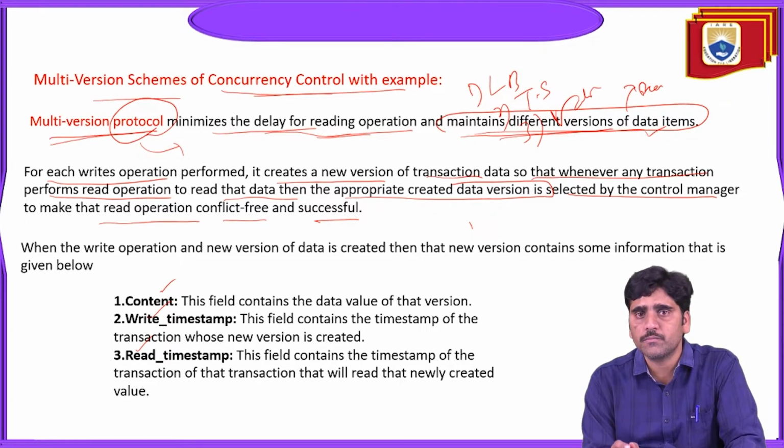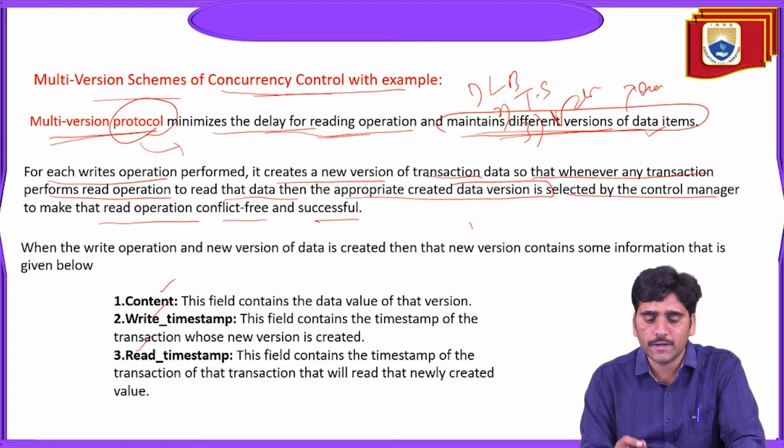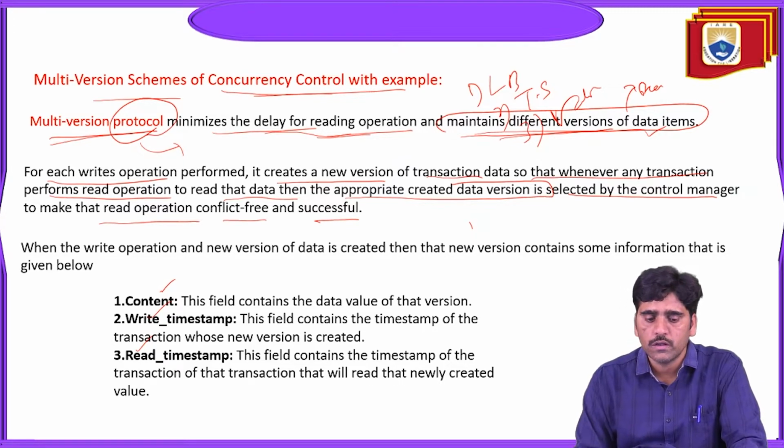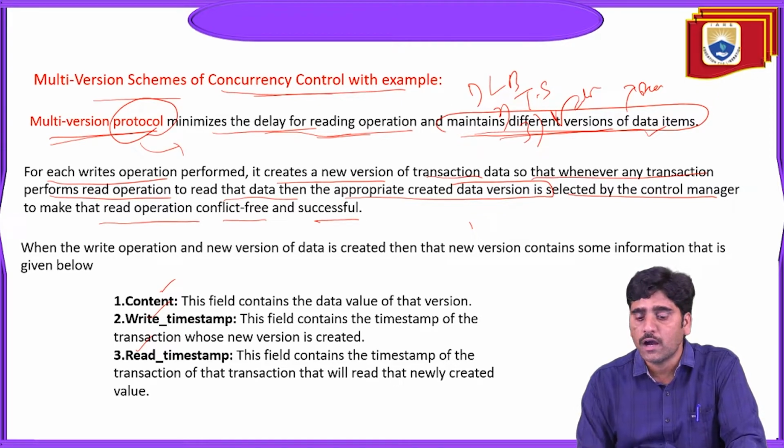Multi-version protocols maintain different versions along with information like content, write timestamp and read timestamp. Whenever the multi-version protocol starts to work on the transactions, it separates all the readable transactions and all the writable transactions.